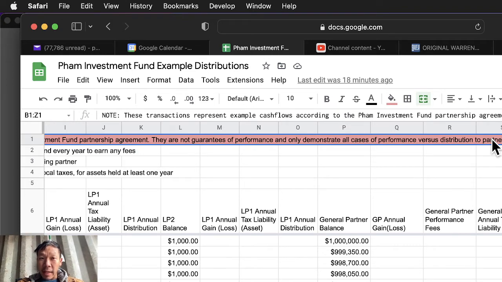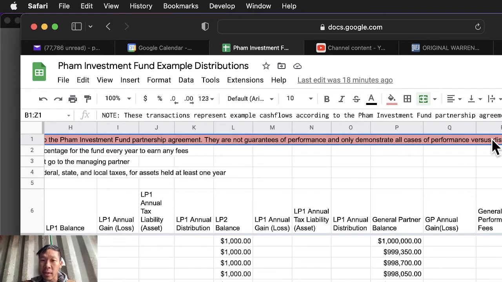And then there are example distributions to pay for tax liabilities or tax credits. To keep it simple, if there's a loss for the year, there's a tax credit to all the partners, but we don't ask partners to pay back a distribution.